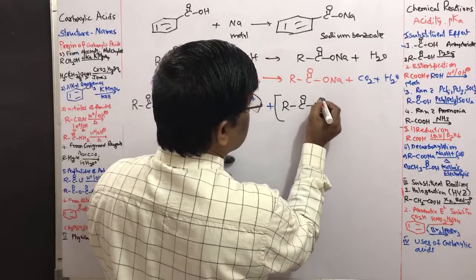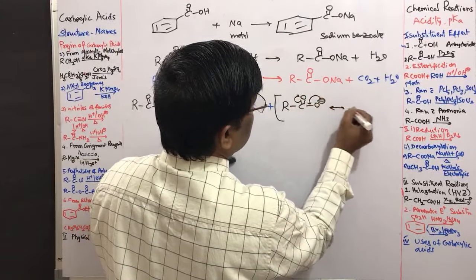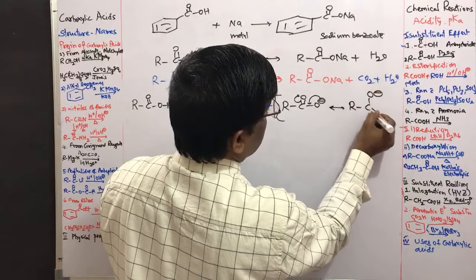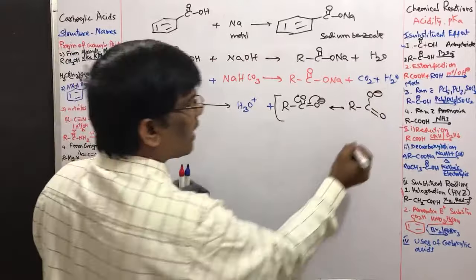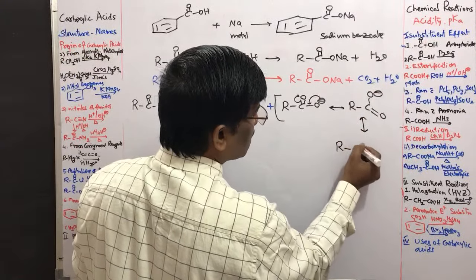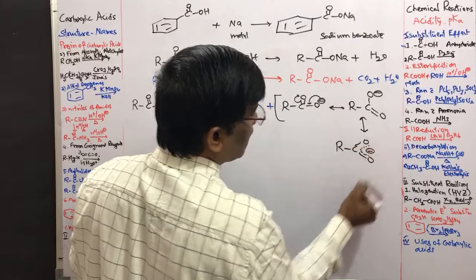So what is the resonance stabilization? It stabilizes like this: R C O minus and here O. I can write these two structures in one form, RCOO, so this anion is resonating.